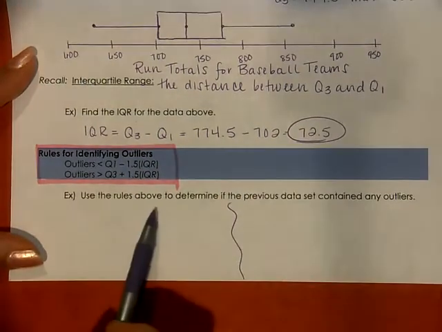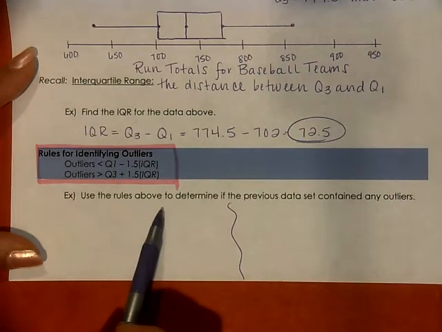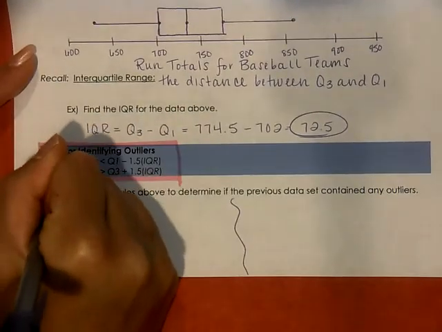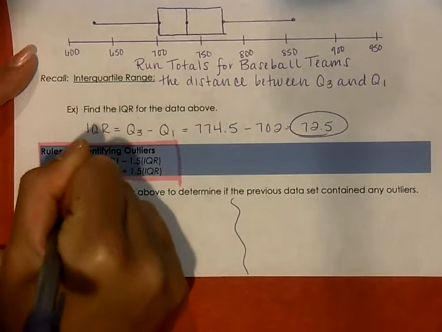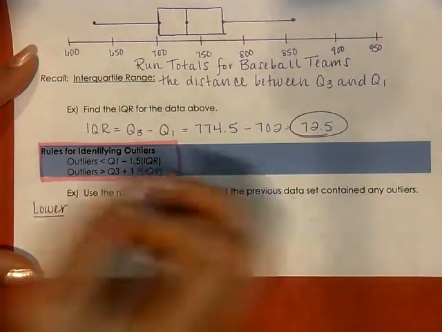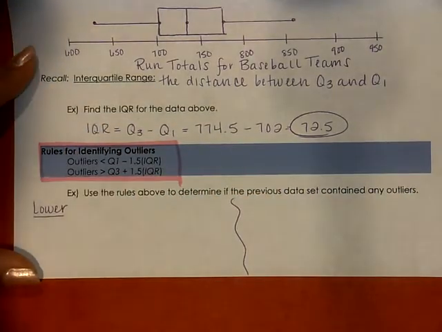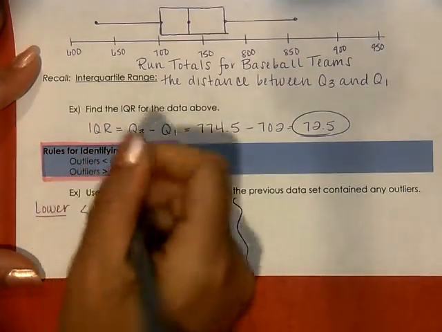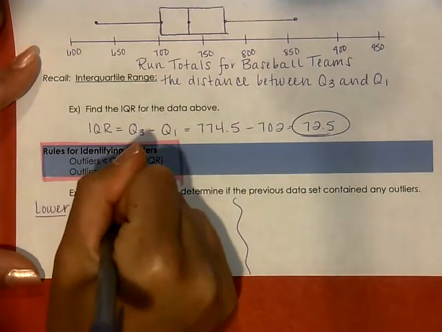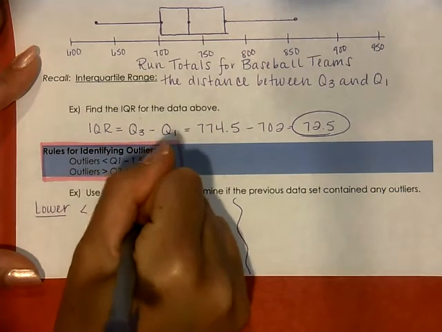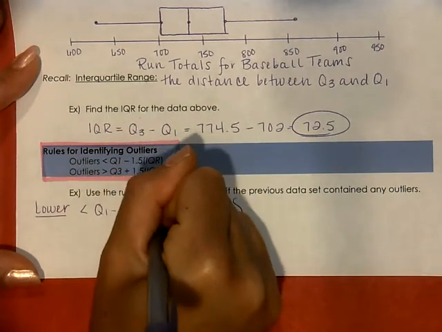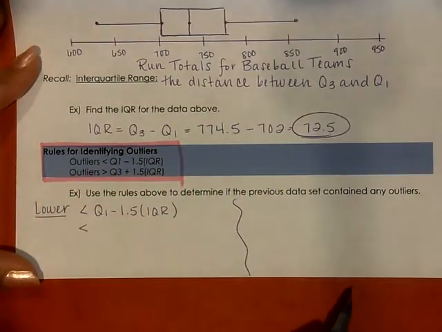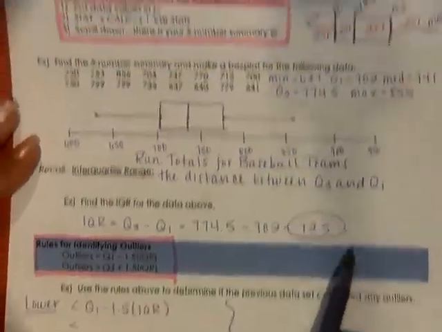It says use the rules above to determine if the previous data set contains any outliers. So if I'm checking in my lower direction, and I'm going to rewrite the formula to help me remember it because I'll need to memorize this for the test. So lower direction, outliers would have to be less than Q1 minus 1.5 times the value of my IQR. So let me plug in the numbers that I have from the above data set.